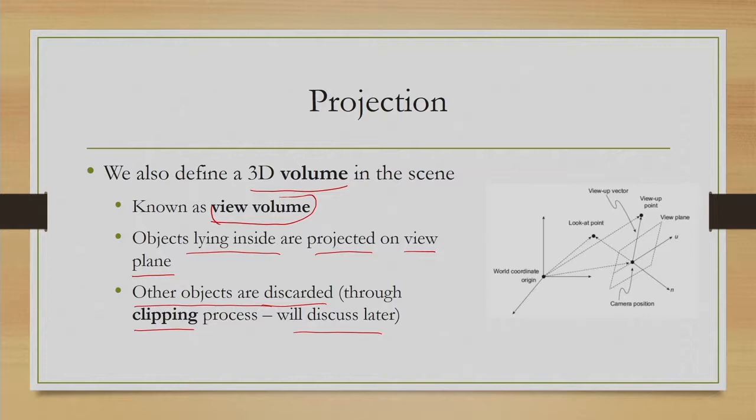So, essentially we have a view plane, within this we define a clipping window, and also in the 3D scene description we define a view volume. Whatever objects are inside this view volume are projected onto this clipping window on the view plane, and whatever lies outside the volume are discarded through a process called clipping.